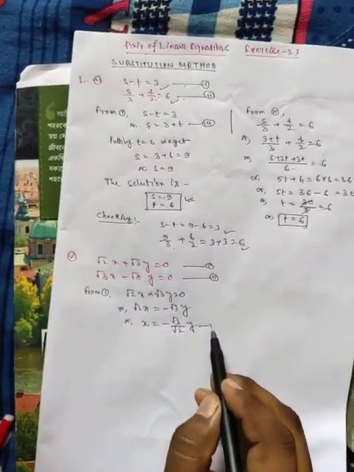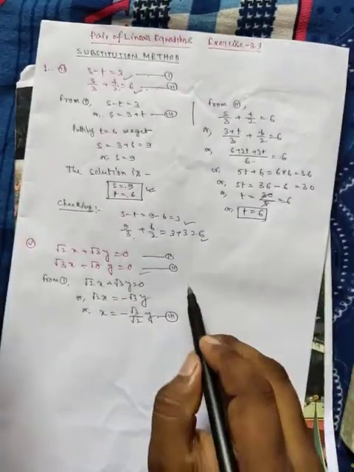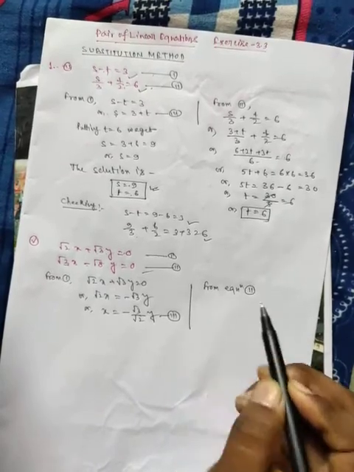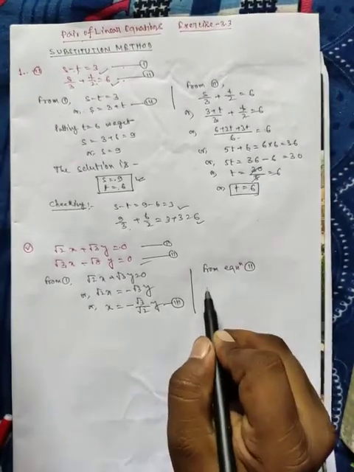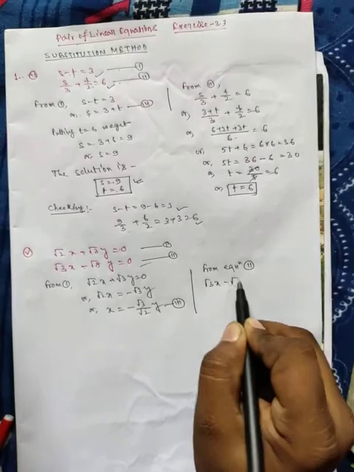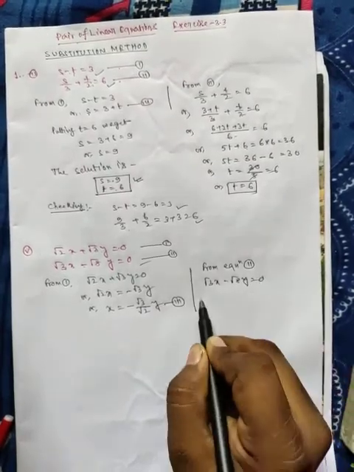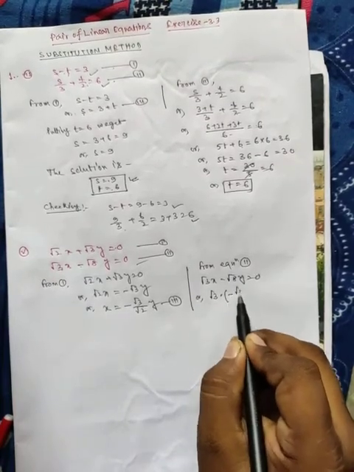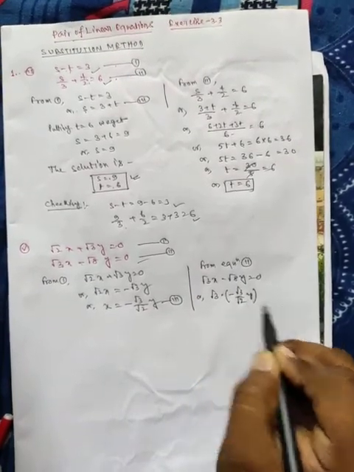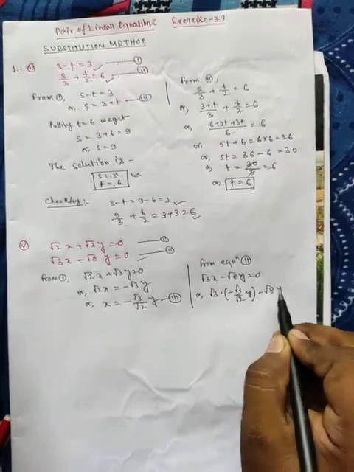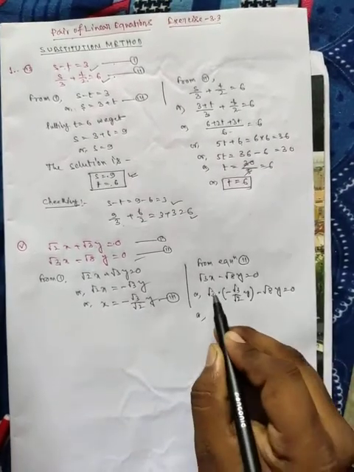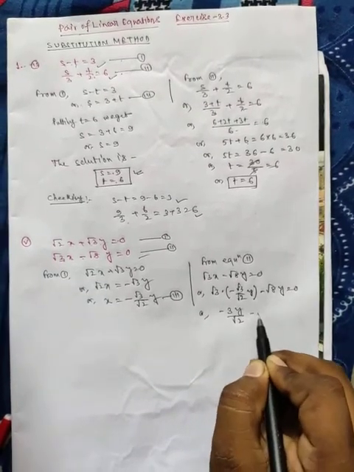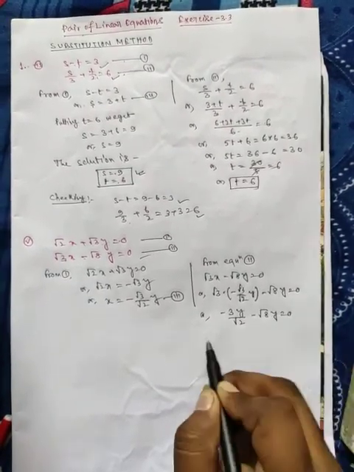Put this value in the other equation, that is equation 2. So root 3 x minus root 8 y equal to 0. Putting the value of x, that is root 3 into minus root 3 by root 2 y, minus root 8 y equal to 0. Root 3 into root 3 means 3, that is minus 3y by root 2 minus root 8 y equal to 0.